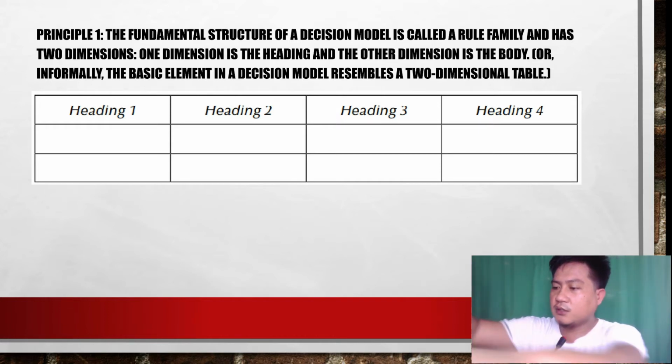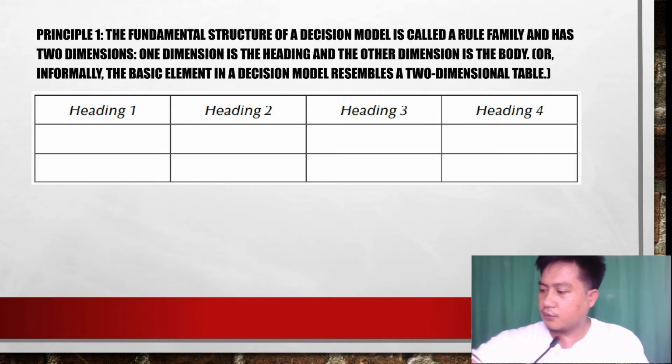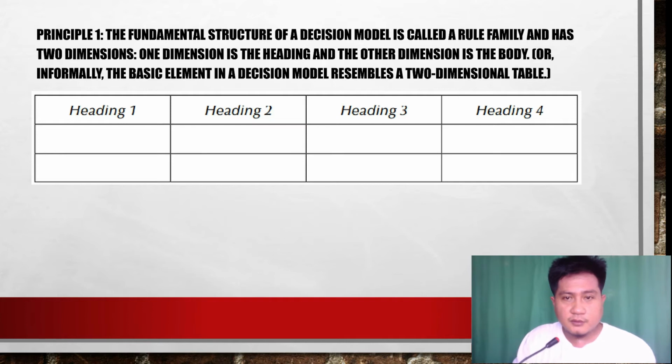So that is our model, and the heading 1, heading 2, 3, and 4, that is specifically the principle 1. Principle 1 talks about these headings. One dimension is the heading and the other dimension is the body.